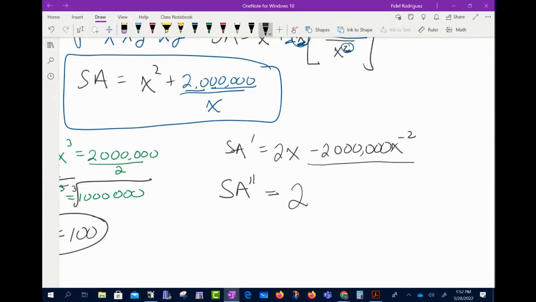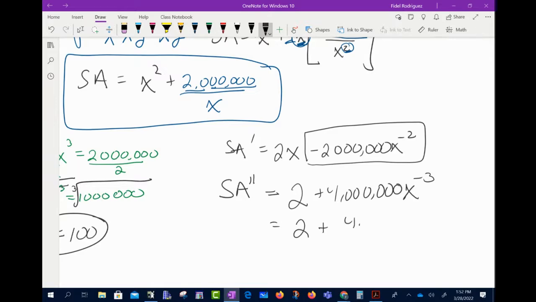Okay, what is the derivative of a negative 2 million x to the power negative 2? Positive 4 million, very good. X to what power? Negative 3. Okay, y'all, I'm going to write it like this now. X to the third on the bottom, okay?